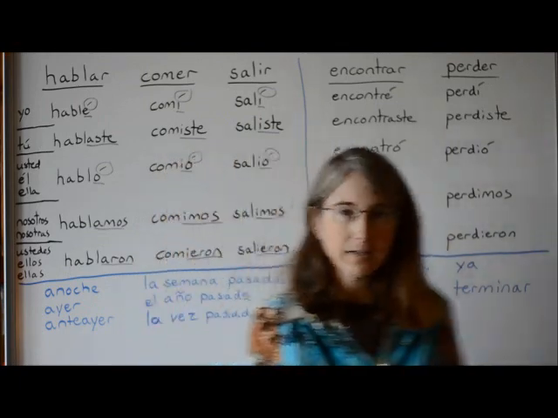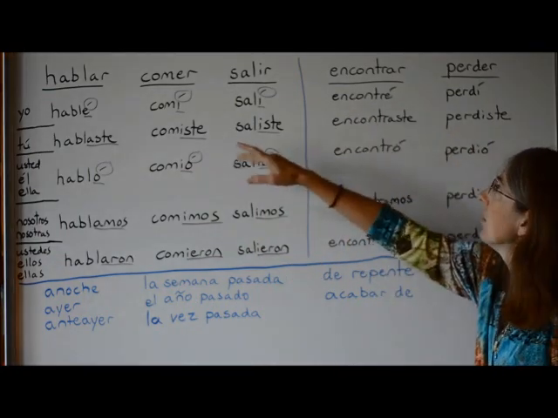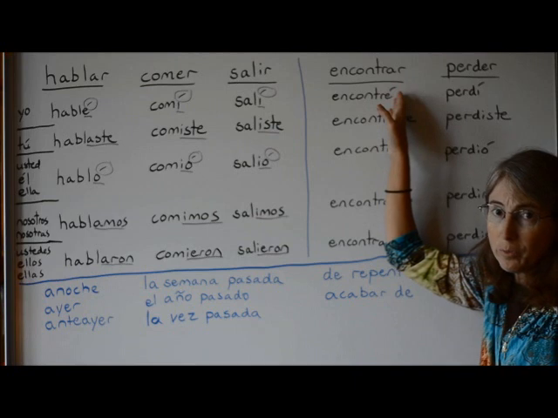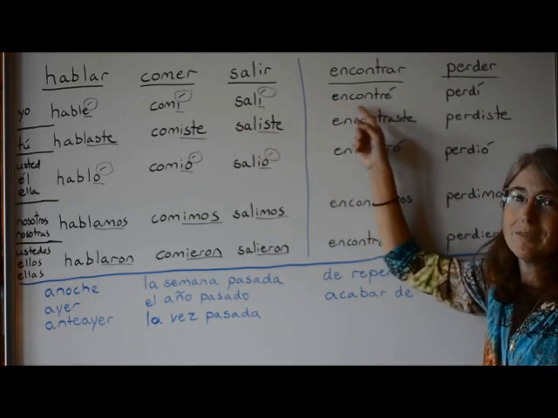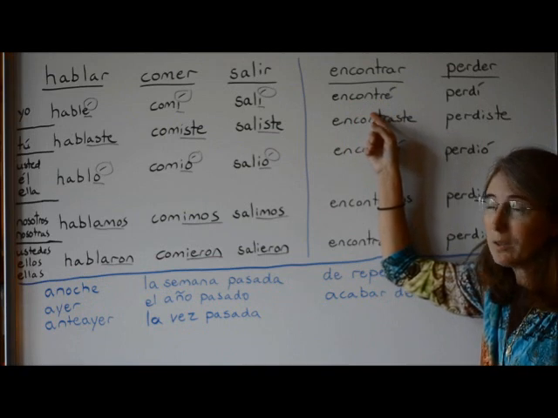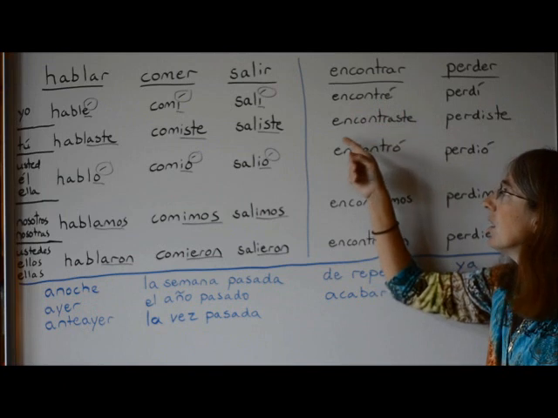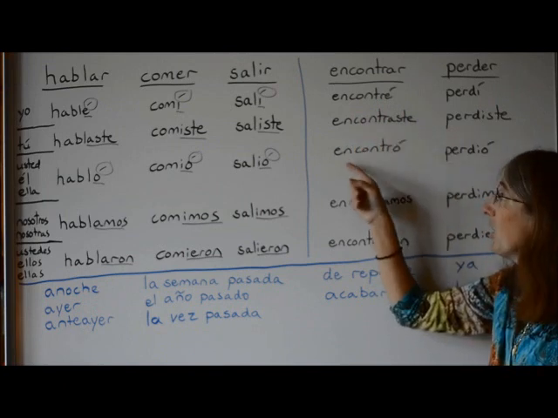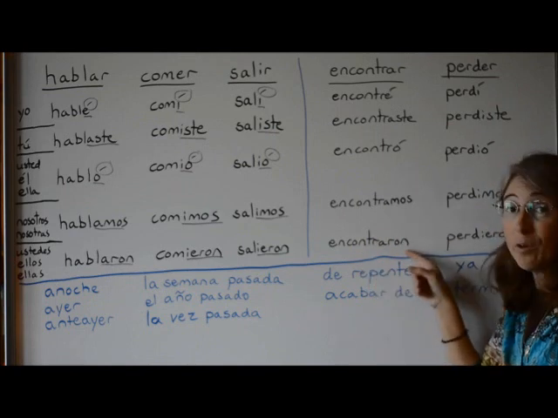And if you look at the way that they're conjugated here, encontrar is an AR verb, and the stem just stays encont. No stem change in the preterite tense. So we have encontré, encontraste, encontró, encontramos, encontraron.